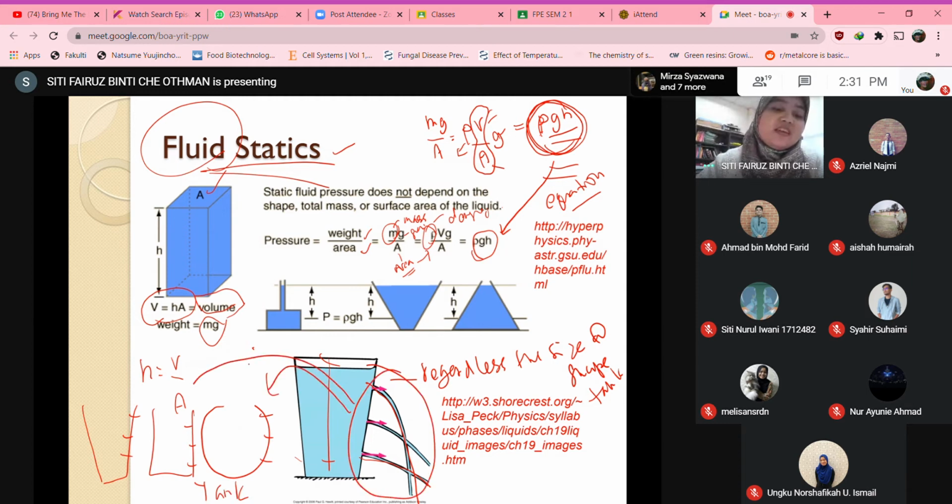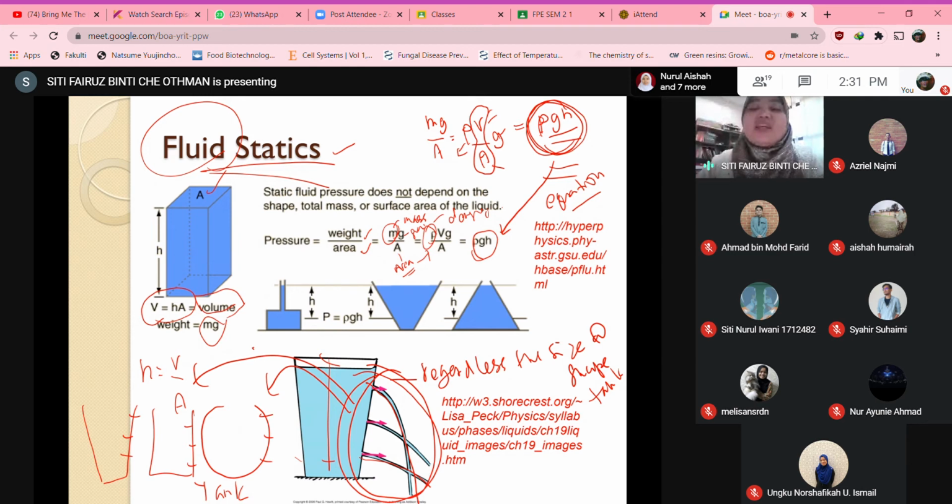Okay, it's regardless of shapes or sizes, because it's fluid static, it should obey this. So the shape doesn't actually affect it.